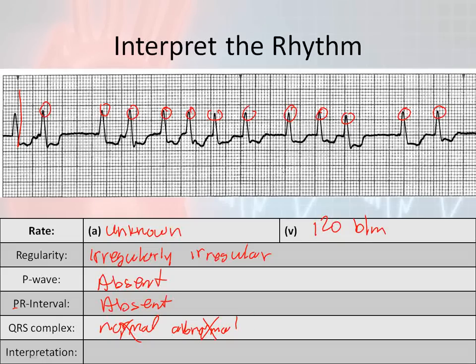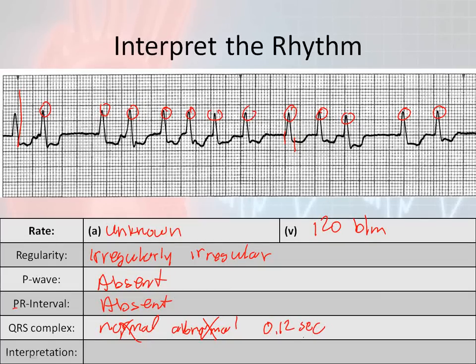If I can find a nice easy one, we're going to use this one right here. I'm going to say my QRS complex starts here, ends right about here. That gives me about 3 little boxes. So my QRS complex is 0.12 seconds, which is going to be wide.